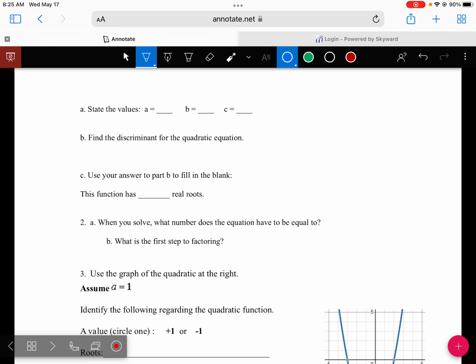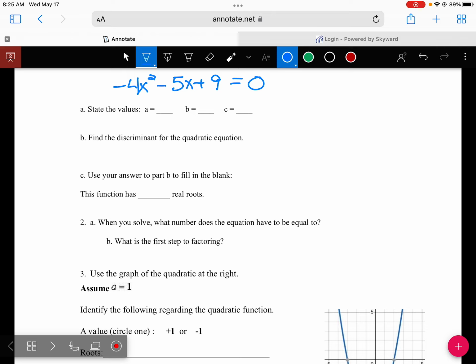But we are looking at the equation negative 4x squared minus 5x plus 9 equals 0. Now, I'm going to warn you, I'm going to be going through this quickly because you hopefully have learned a good chunk of this, and I want to try to get through as much of this as I can, okay?